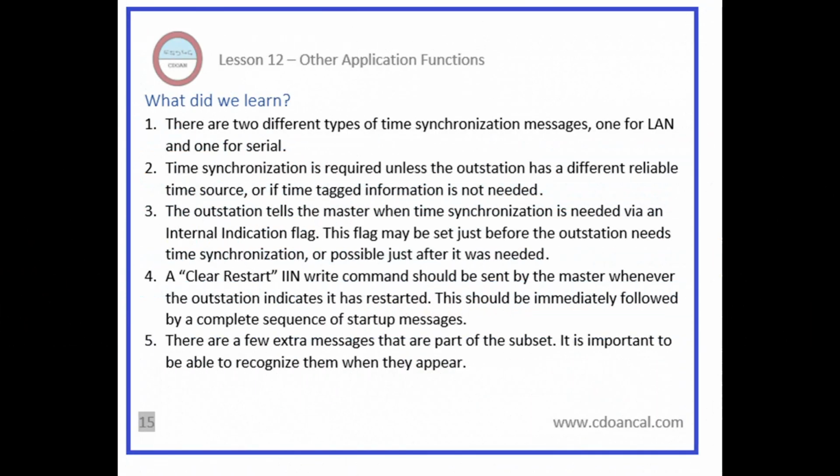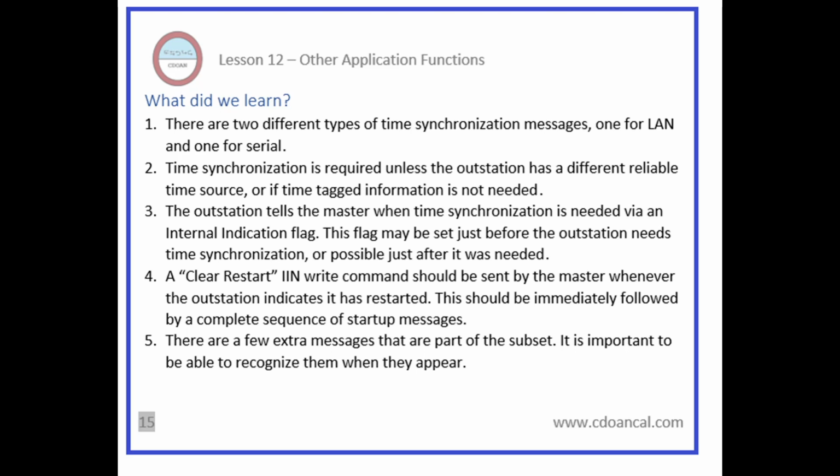Thus, we get to the end of the final lesson, which did not take as long as I thought it would. What did we learn here? There are two different types of time synchronization messages, one for LAN and one for serial.